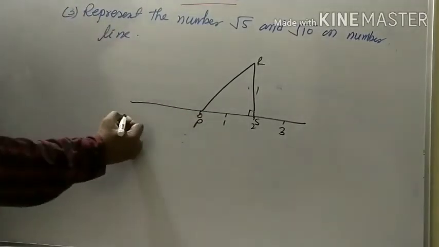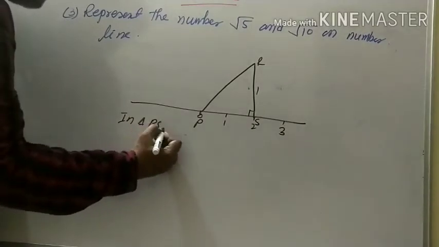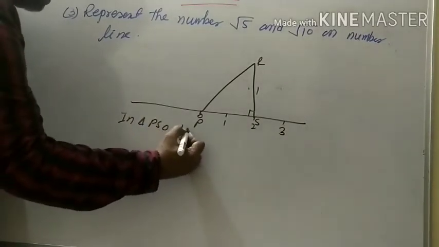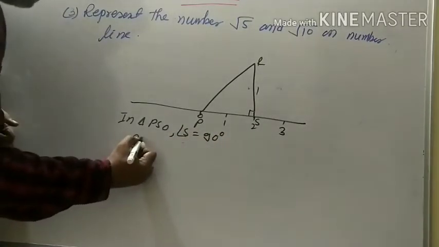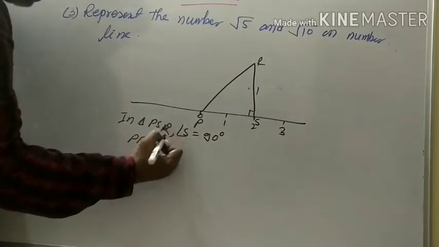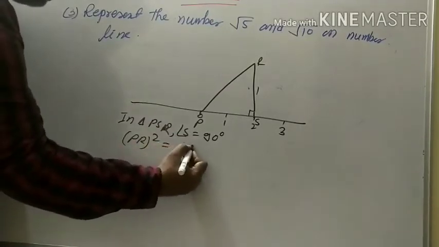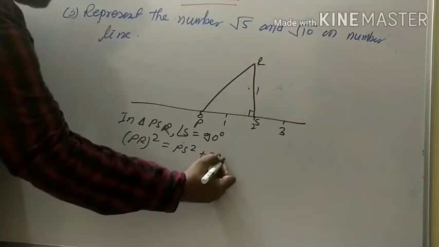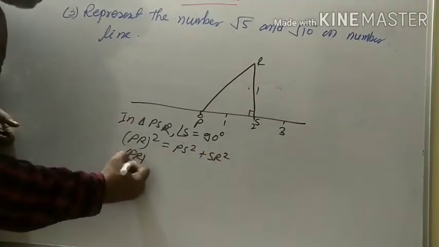Now in triangle PSR, angle S is equal to 90 degrees. Therefore PR square is equal to PS square plus SR square. PR we don't know, PR square.